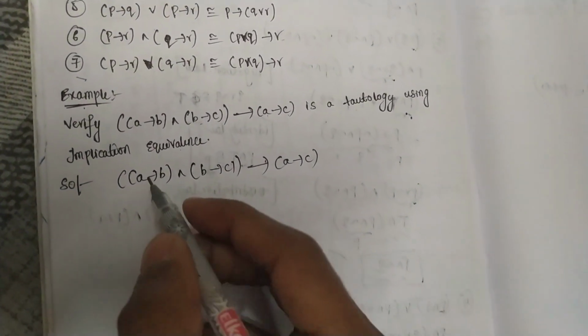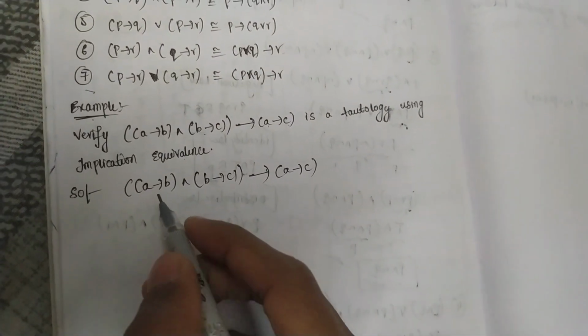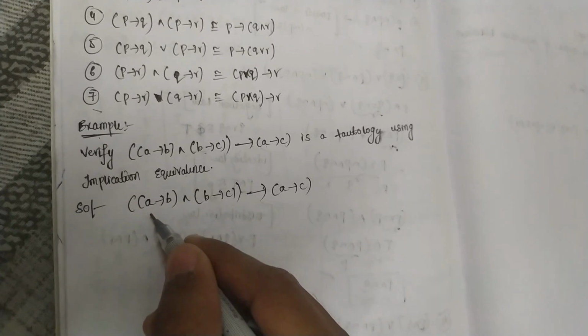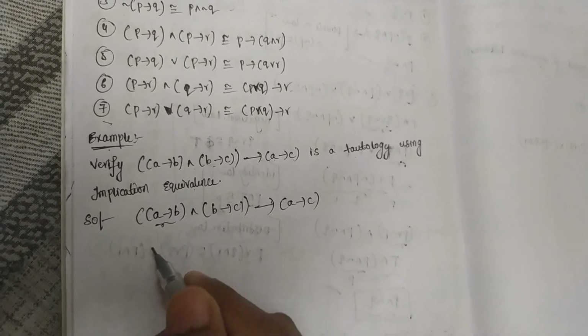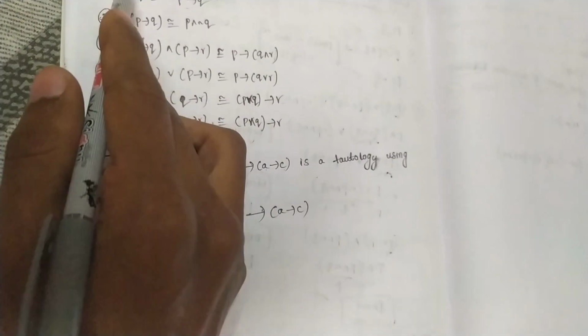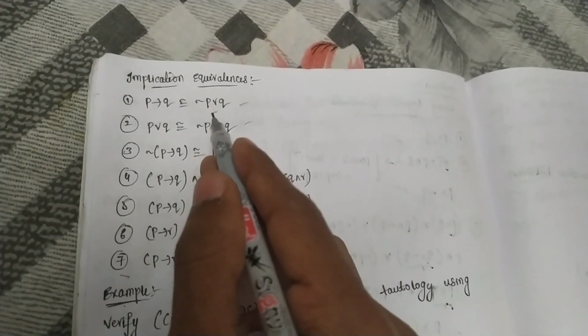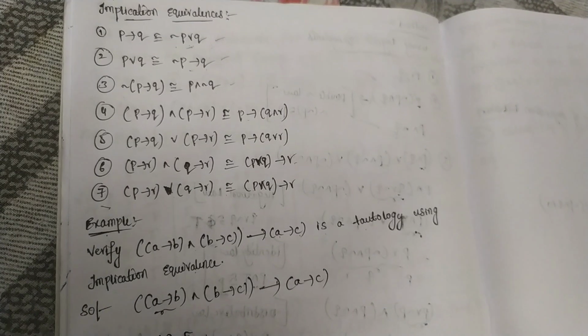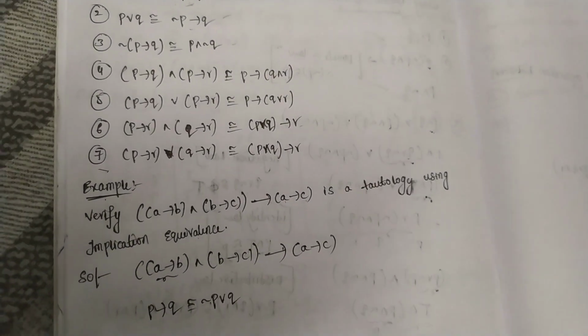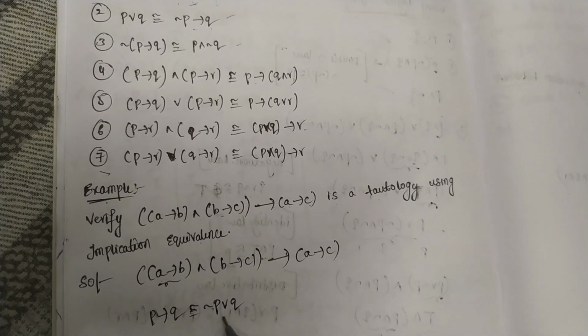Let us do it in the form of P implies Q. We know that P implies Q is equivalent to negation P or Q. So by comparing this, we write in this form.